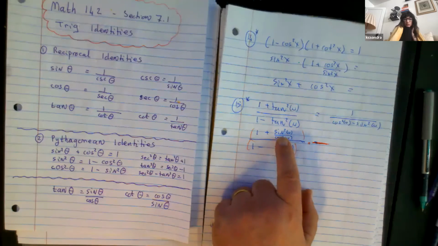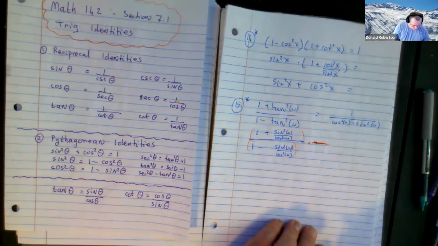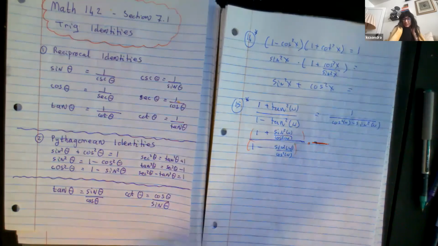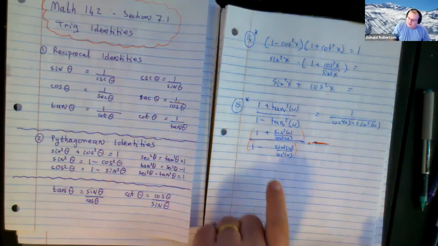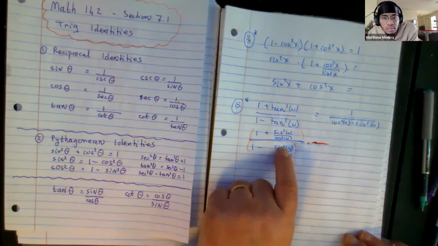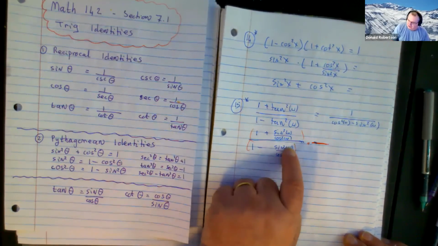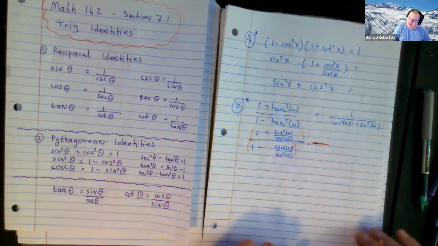One plus the sine squared over cosine squared over 1 plus... no, that would be too messy. That's what you do if there were two separate fractions. You want to make them 1. This is already a single fraction. Its problem is that there are fraction bits in each. And I want these cos squares to go away, essentially.